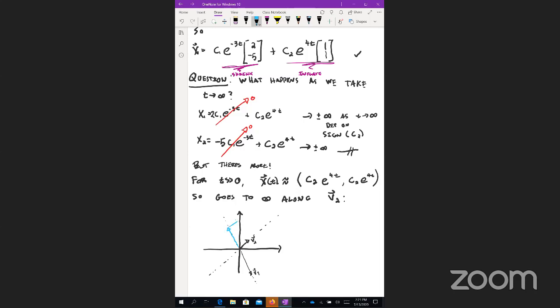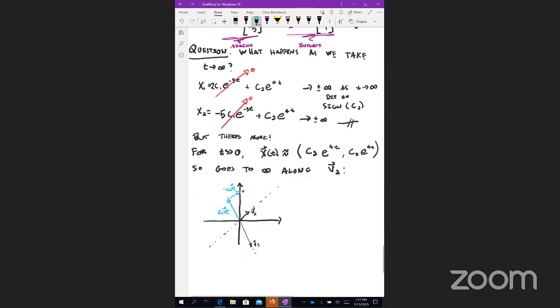So if this is going to be C1 V1, and this is C2 V2, then just like before, what's going to happen is that for x of t equals C1 V1 e to the minus 3t plus C2 V2 e to the 4t, as t goes to infinity, V1 is going to shrink down to 0, but V2 is going to grow.